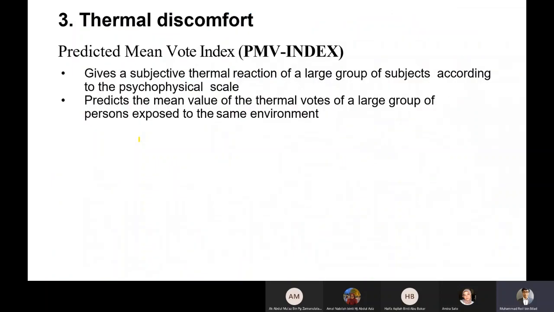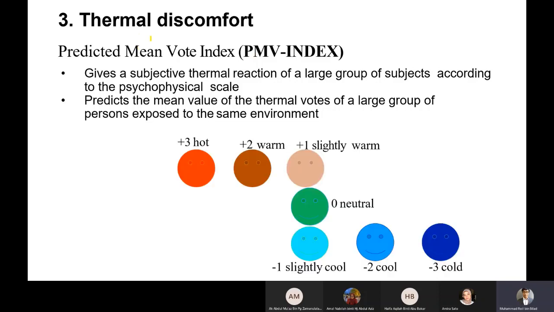Okay, so we go to the thermal discomfort. Here, it's just additional information. Thermal discomfort is predicted through something, because remember it's a mind thing, it's a perception, it's the feeling. So we use a semi-quantitative indicator.